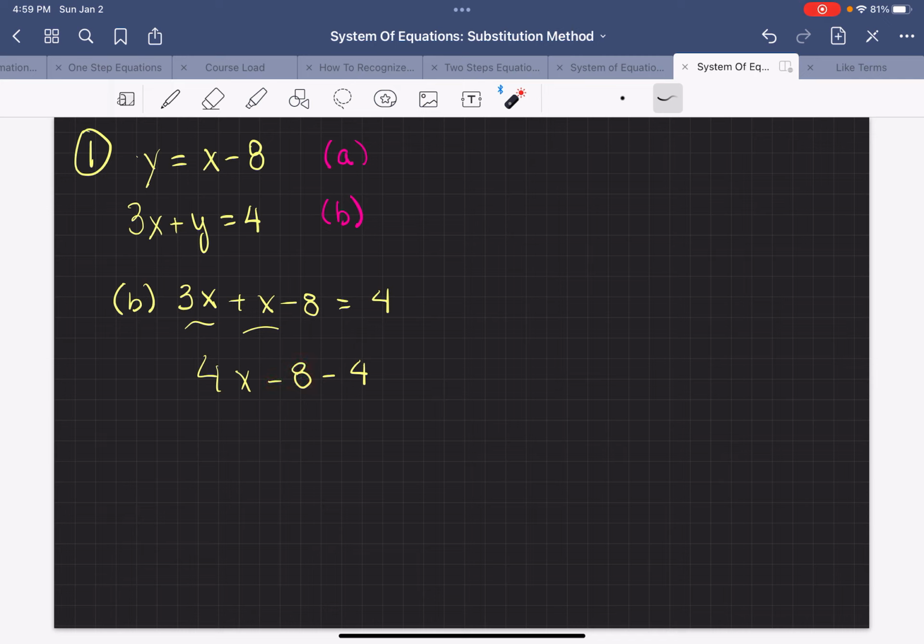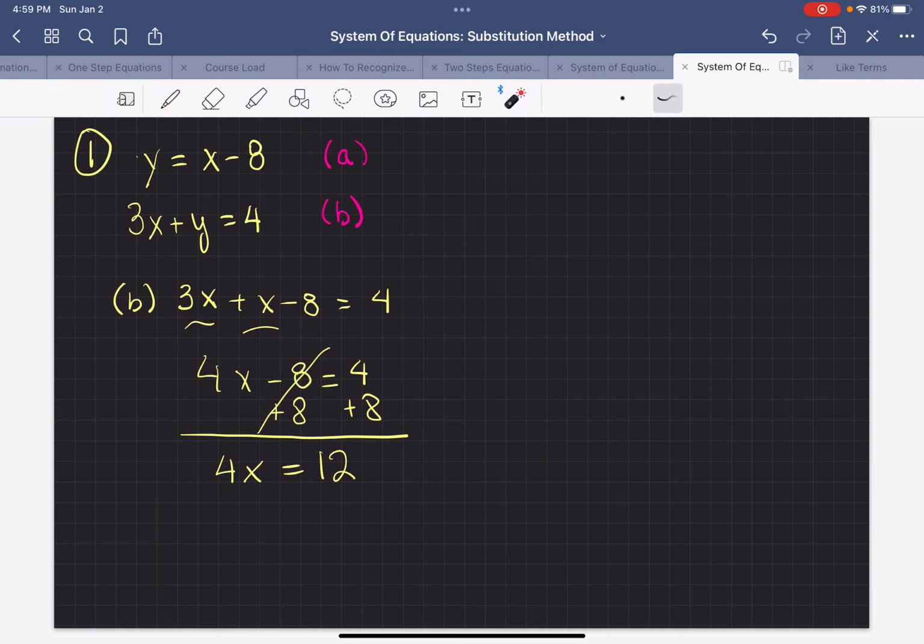Since it's a negative 8, to get rid of it, I'm going to do the opposite operation. I'm going to add 8 on both sides of the equation. So on the left side, minus 8 plus 8 cancels, and all I have left on the left side is 4x. On the right side of the equation, I have 4 plus 8, which is 12.